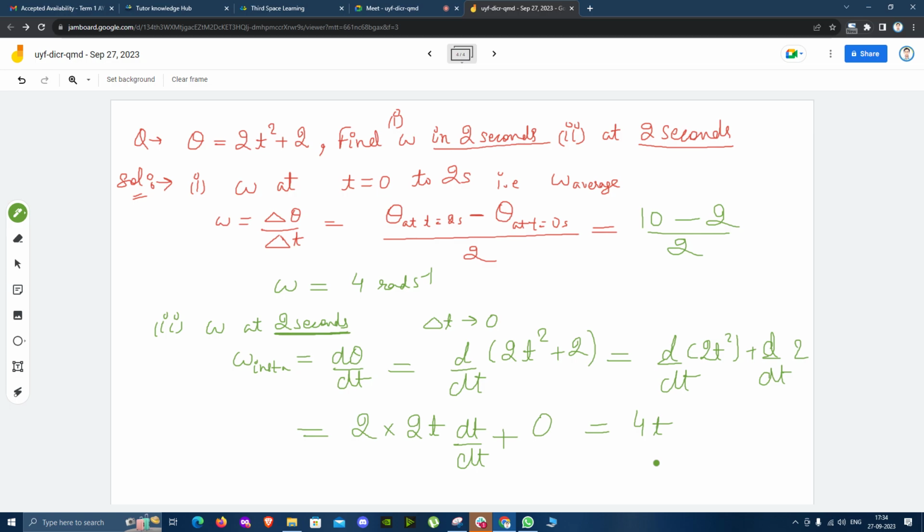We need to find it at t equal to 2 seconds. So omega instantaneous at 2 seconds will be 4 times 2, which is 8 radian per second.